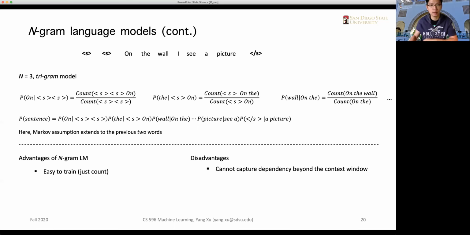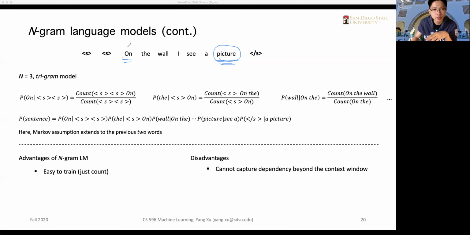Say the word "picture" here. Why we use "picture" here is partially dependent on the word "on". So, on the wall, I see a picture.